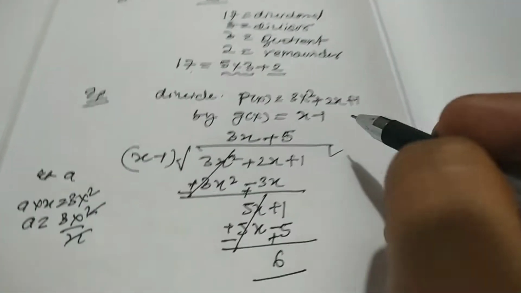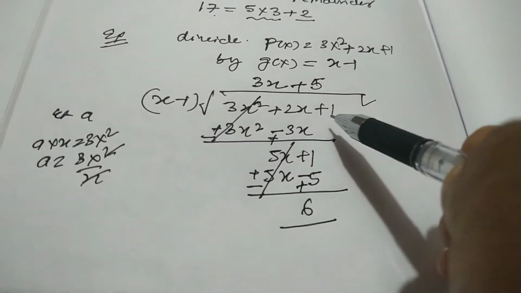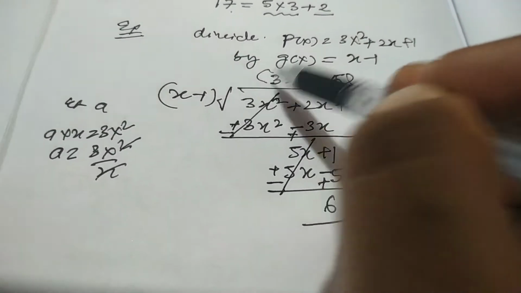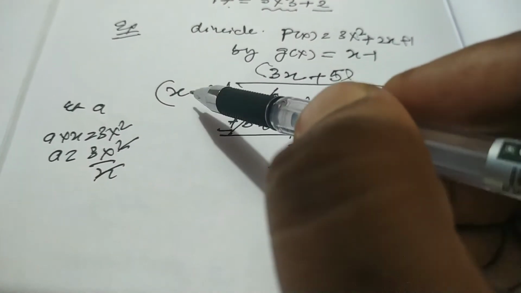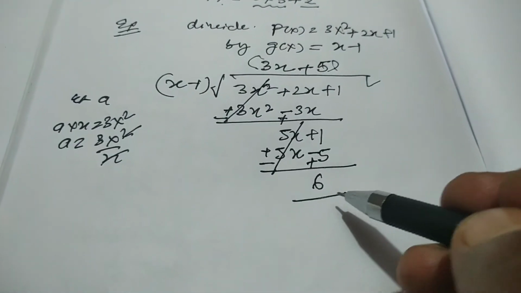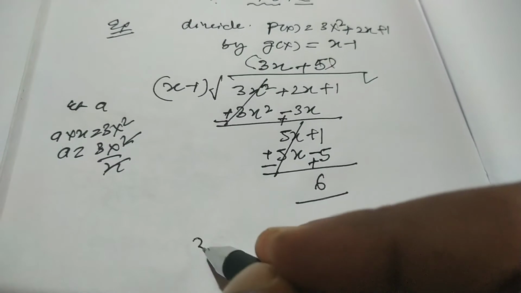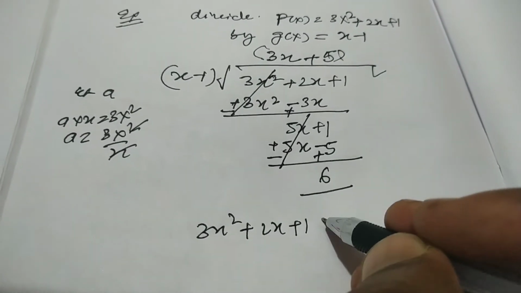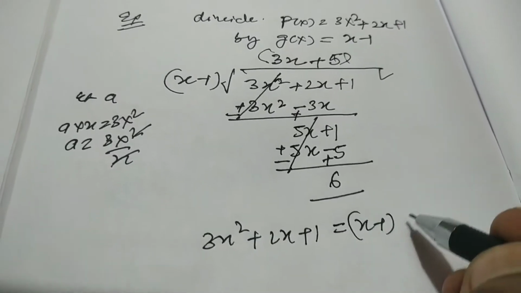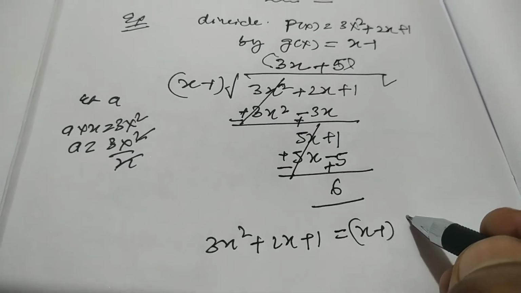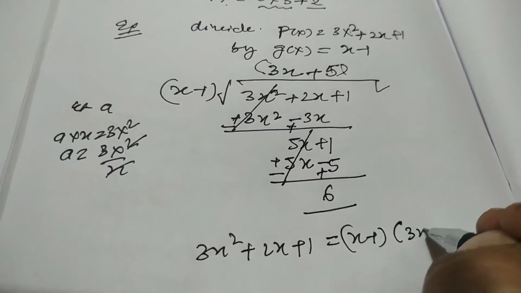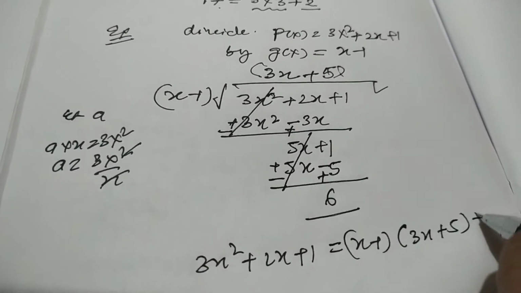Here the dividend is 3x square plus 2x plus 1, the quotient is 3x plus 5, the divisor is x minus 1, and the remainder is 6. So this implies that 3x square plus 2x plus 1 can be written as x minus 1 into 3x plus 5, plus 6.